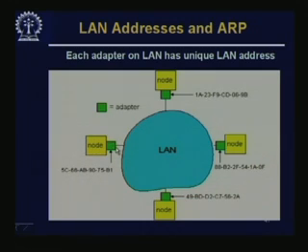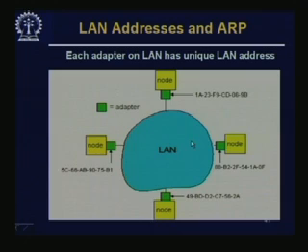So there is a small problem, which is how does the source node get to know the destination address? One thing is sure: since one central agency, namely IEEE, gives these Ethernet addresses, each adapter on a LAN has a unique LAN address. No two adapters will ever have the same address.